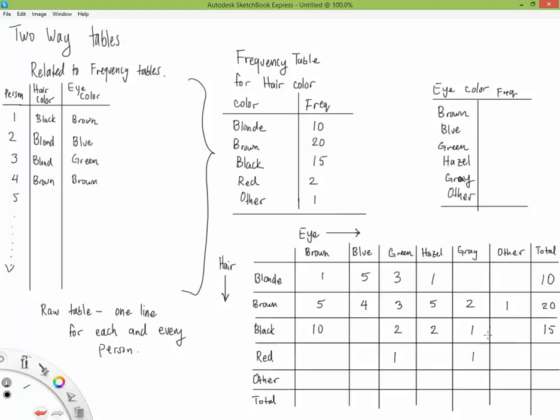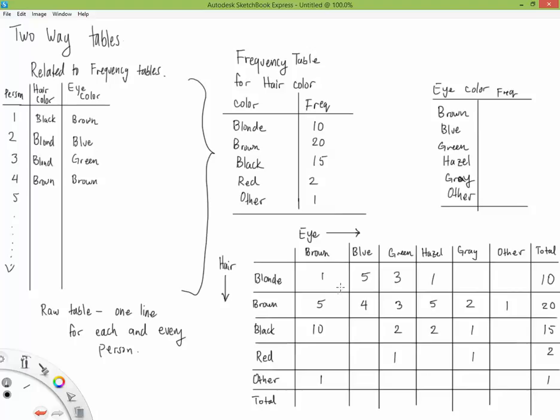And the person with other colored hair has maybe brown eyes. I'm just making things up. Now I've filled this out. This is a two-way table showing the data.